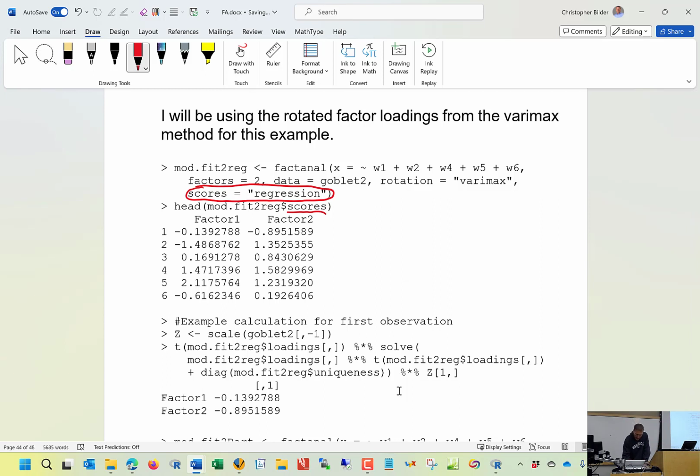So for example, for the very first observation, the first common factor score is negative 0.139. So this is the estimate of F1 for the first observation. The estimate of F2 for the first observation is negative 0.895.